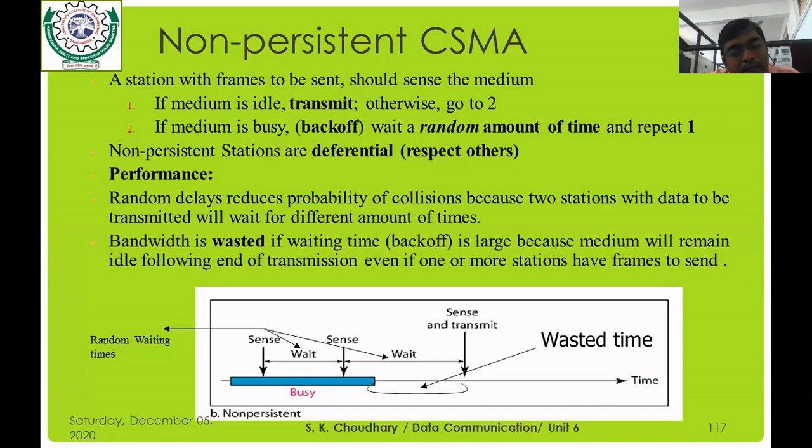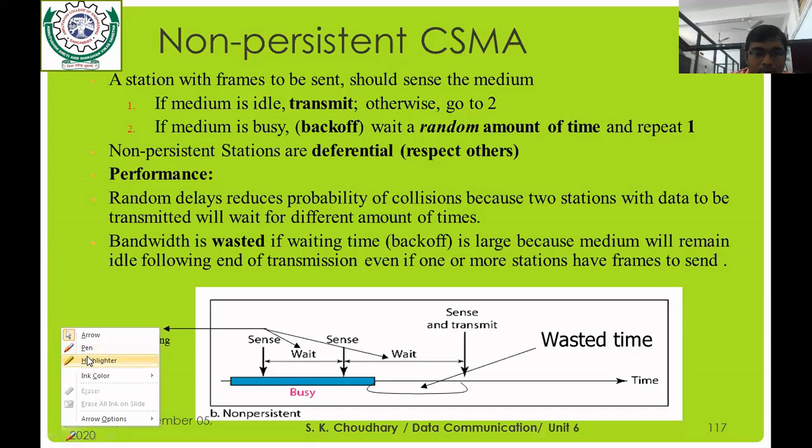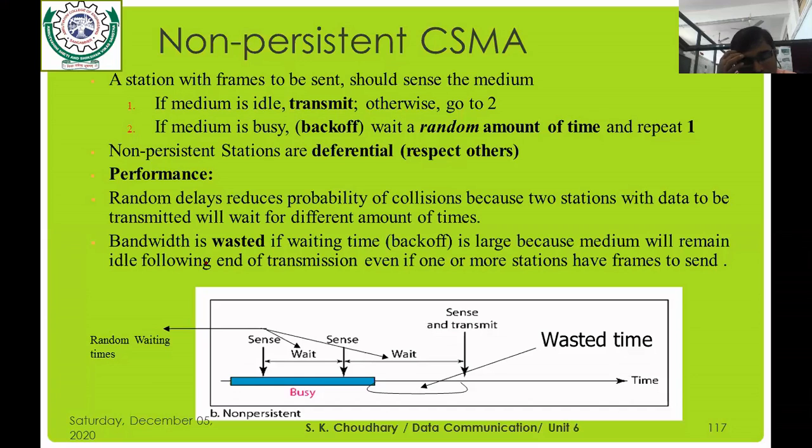If the medium is busy, it waits for a random amount of time and then repeats step one. So non-persistent stations are deferential. As for performance, the random delay reduces the probability of collisions, because two stations with data to be transmitted will wait for different amounts of time.